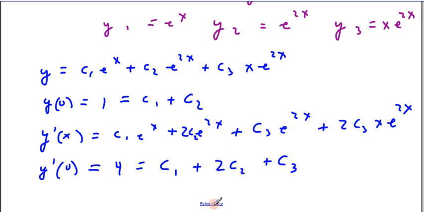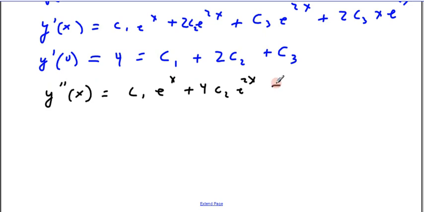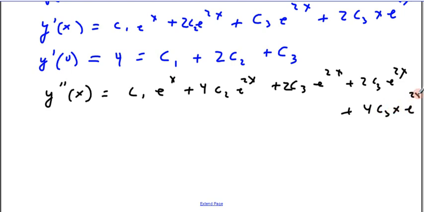Okay, one more. y double prime of x is c1 e to the x plus 4c2 e to the 2x plus 2c3 e to the 2x plus 2c3 e to the 2x plus 4c3 x e to the 2x.